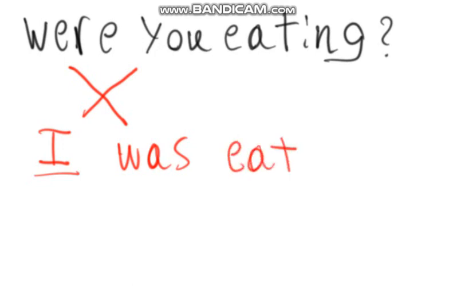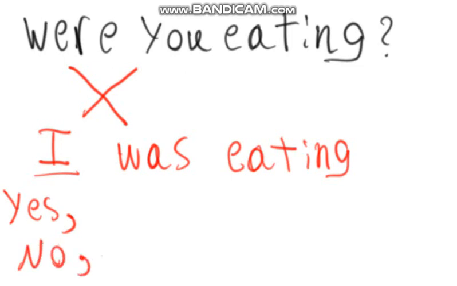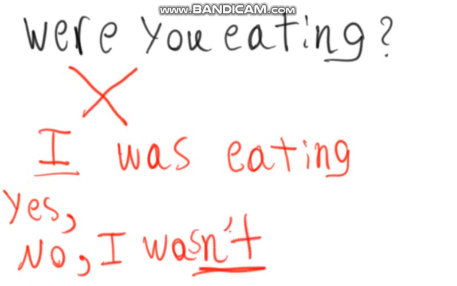And as we just said, you can add yes, I was eating, or no, I wasn't eating. I wasn't. Remember, if you don't add the n't at the end, you're not going to get the mark.